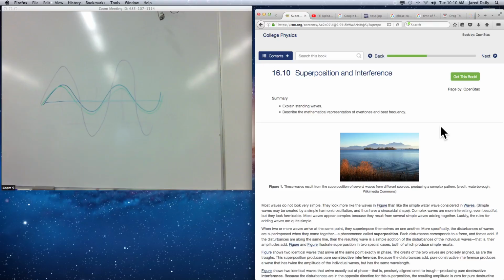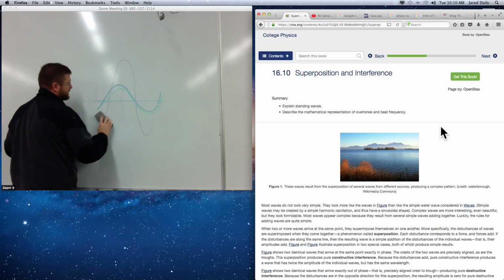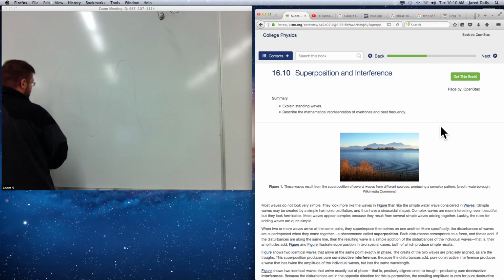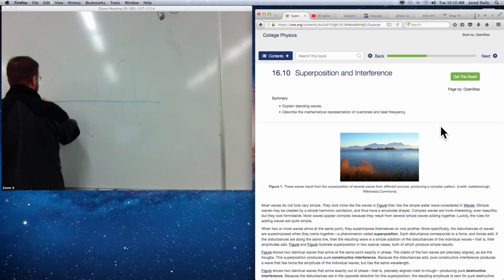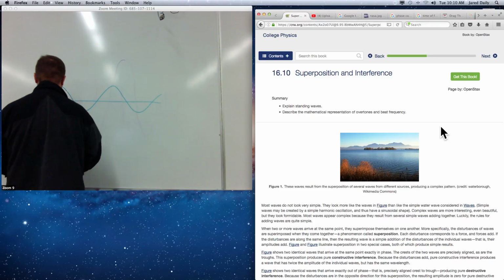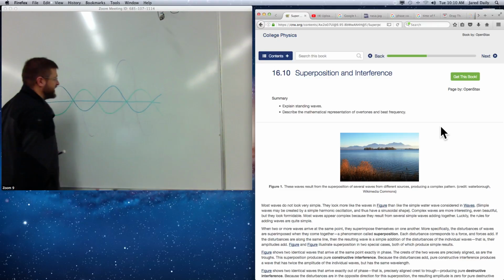But you can also do destructive interference. So here's our first wave. Here's our second wave. What's going to happen with that?